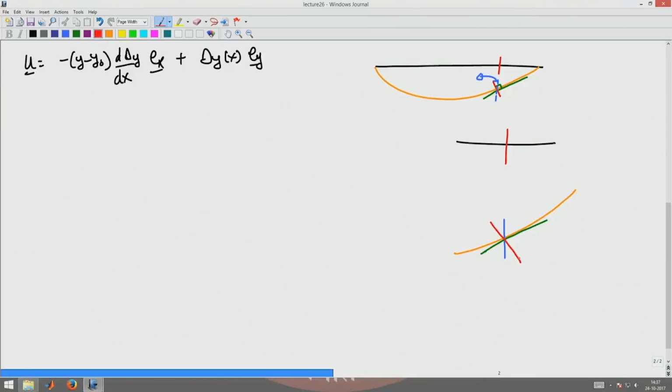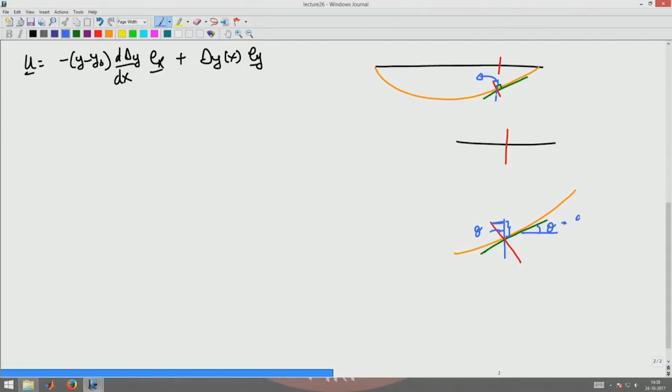We are interested now in finding what this displacement is. If I assume small rotations, this displacement would be this distance times this angle theta, and that angle theta will be related to the slope of the tangent to the neutral axis at that location.